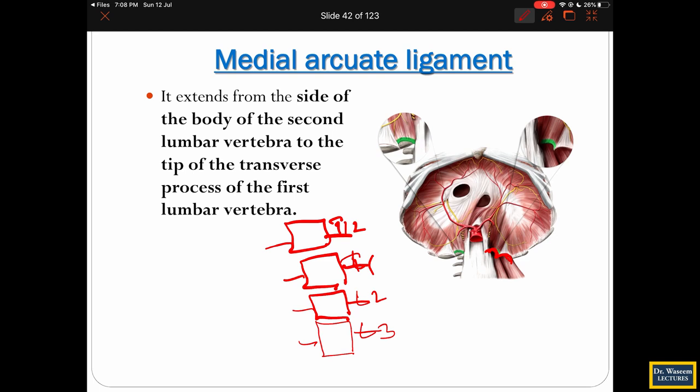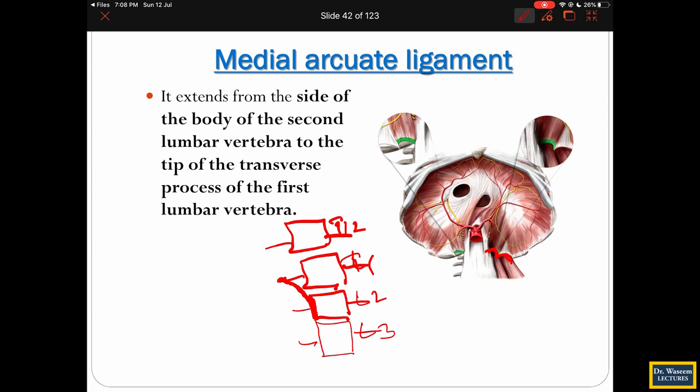The medial arcuate ligament starts from the lateral side of the body of the second lumbar vertebra, and it reaches up to the tip of the transverse process of L1.